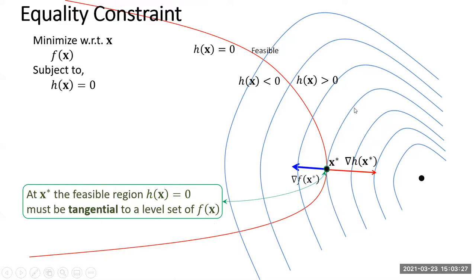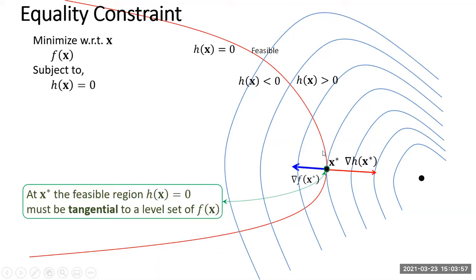Now, you see this is a level set, f of x equals some constant. And this is h of x equals 0. Now, these two are touching each other at this point, x star. Okay, they're touching each other. So in other words, the two curves are tangents.